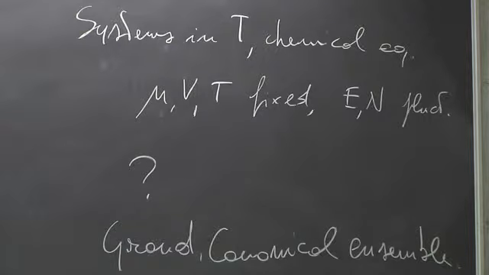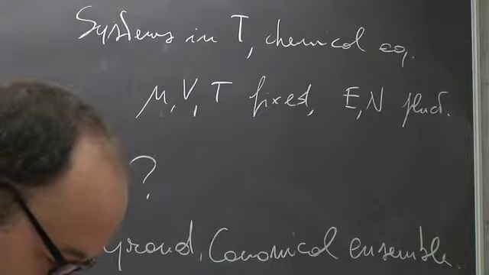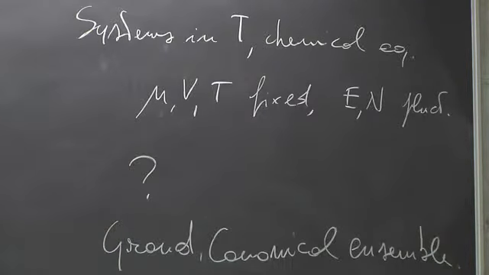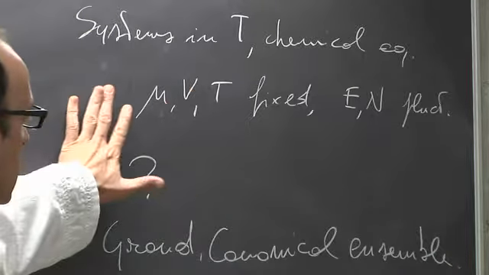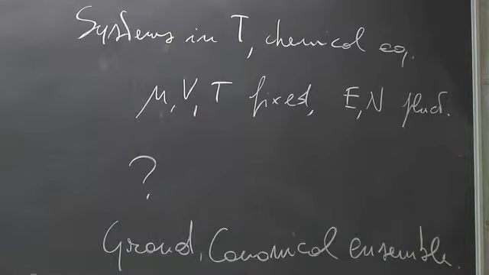So why it is important to have such descriptions. First, if you want to consider systems which are in chemical equilibrium, but also if you want to consider systems, for example, at a phase transition, where there is a phase equilibrium.